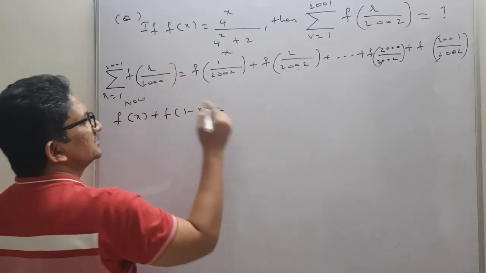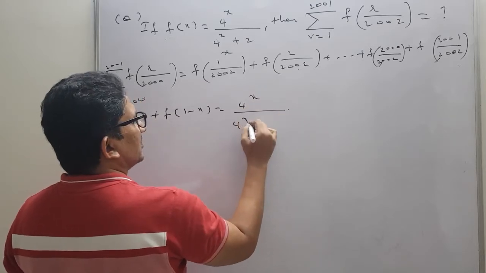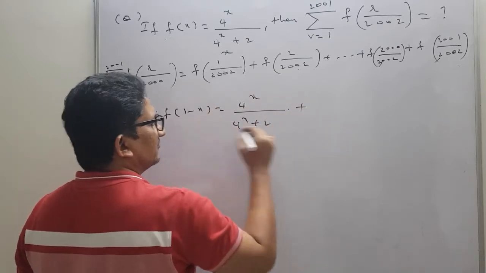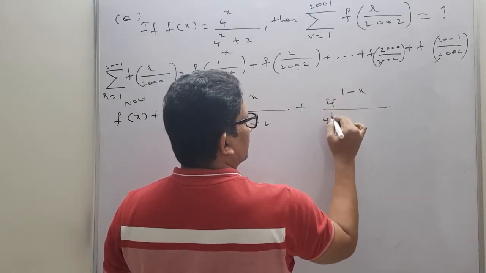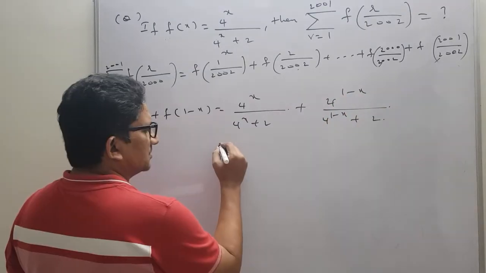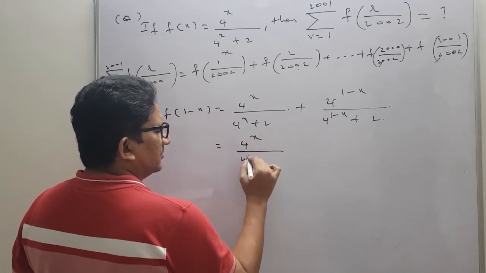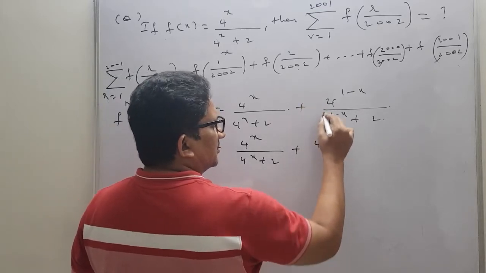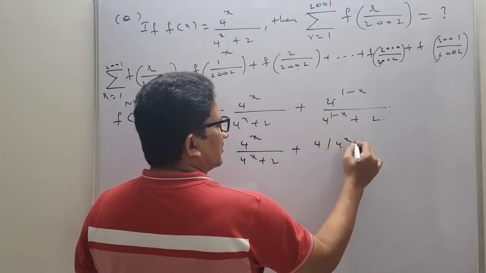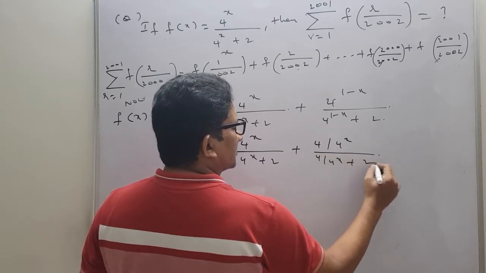So f of x means the original, 4 to the power of x by 4 to the power of x plus 2, plus f of 1 minus x, which is 4 to the power of 1 minus x divided by 4 to the power of 1 minus x plus 2. This equals 4 to the power of x by 4 to the power of x plus 2, plus we can write 4 divided by 4 to the power of x, divided by 4 divided by 4 to the power of x plus 2.